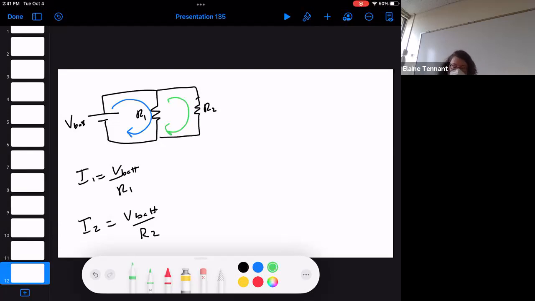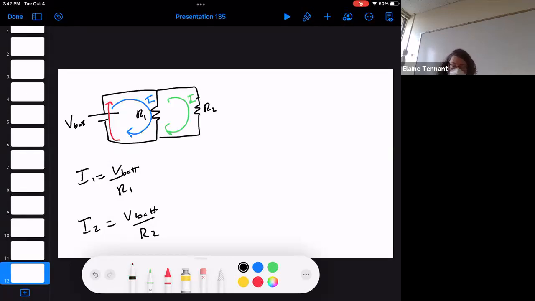So looking at this, I have current going through resistor 1 and current going through resistor 2. What has happened to the current going through my battery? It's increased, right? Because I can't just have current going through the resistor. The current has to make that entire loop. So the current going through the battery, before I added that extra loop, was just I1, but now it's I1 plus I2.